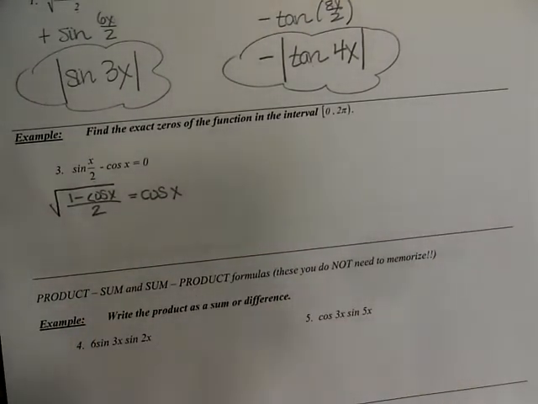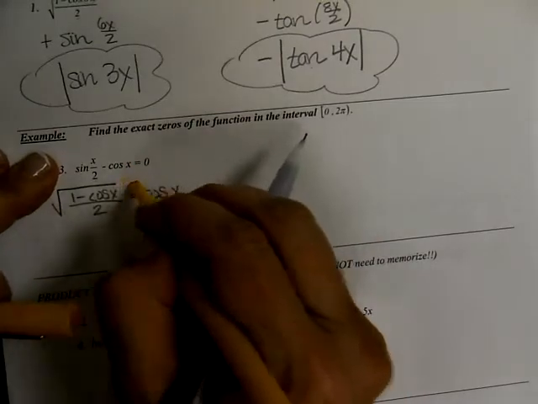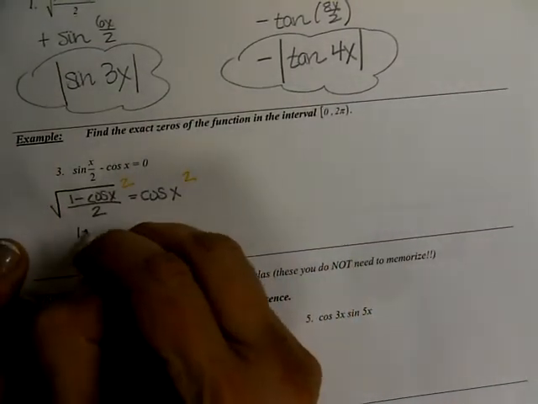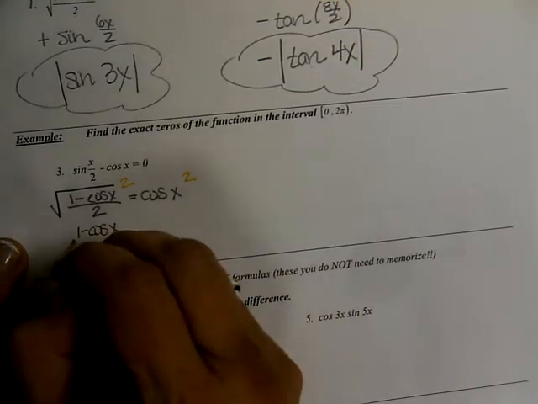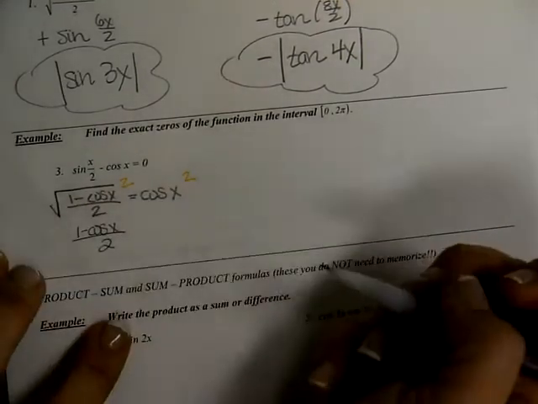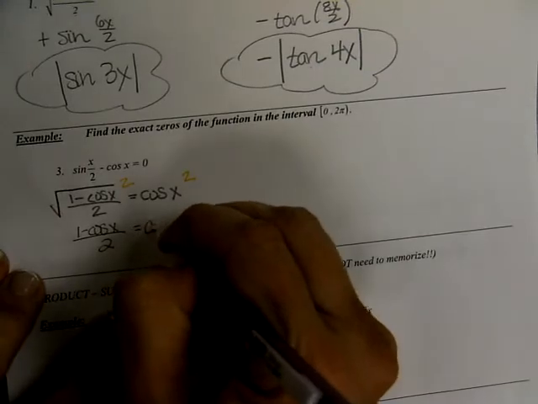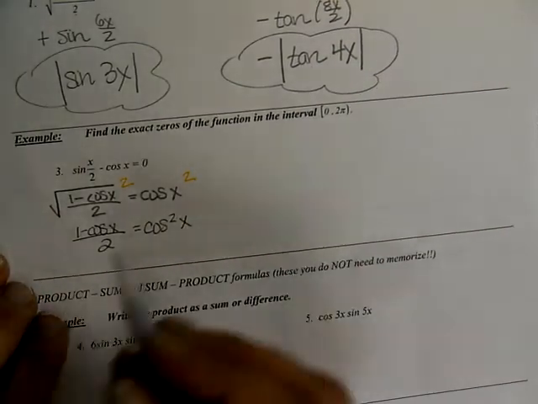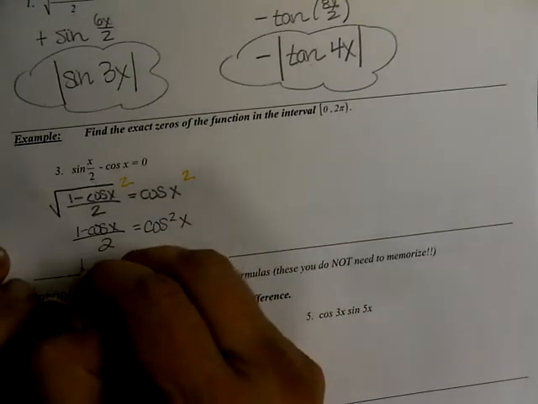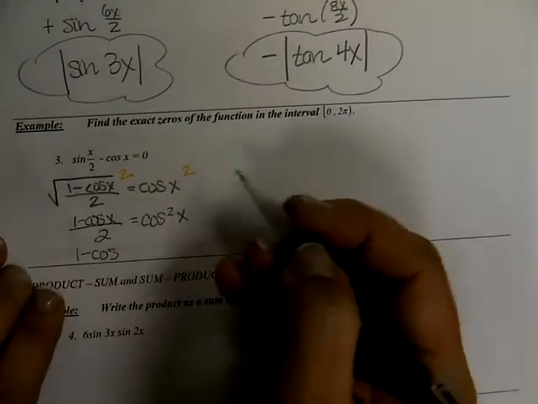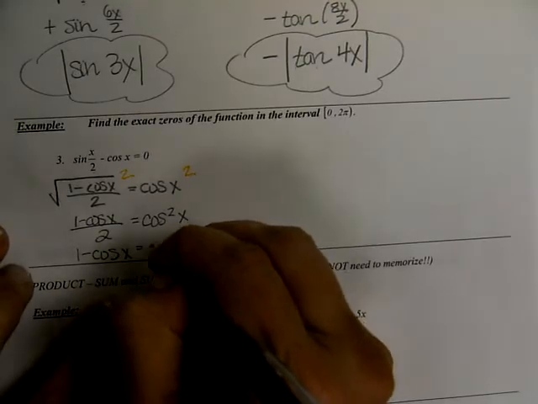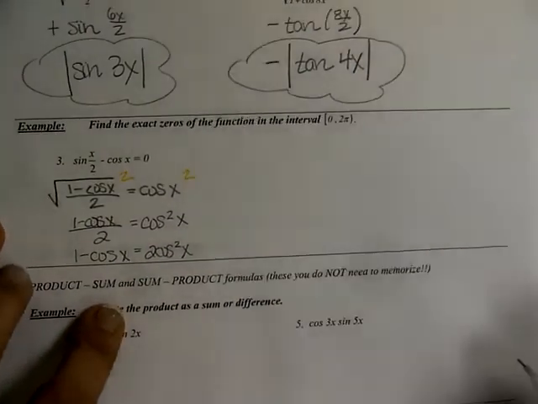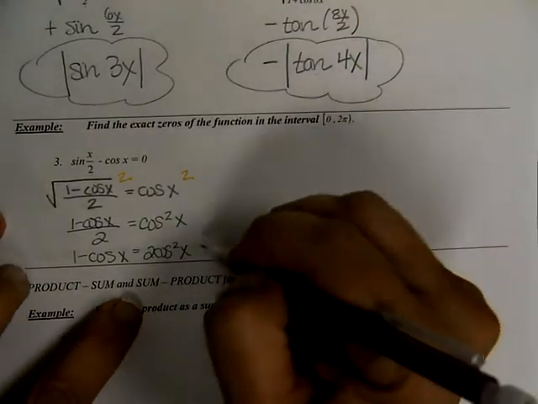So to get rid of it, we could square both sides, and that gives us 1 minus cosine x over 2, the square root and the square cancel, and then we have equals cosine squared x. Well, that's looking a little better. We could multiply both sides by 2 to get 1 minus cosine x equals 2 cosine squared x, and this is looking like a quadratic that maybe is factorable.